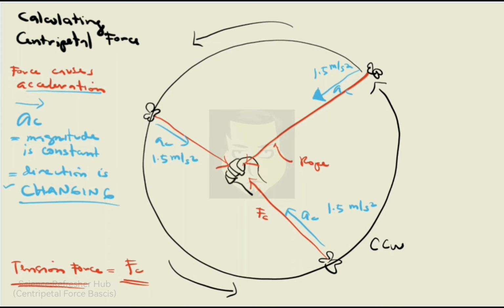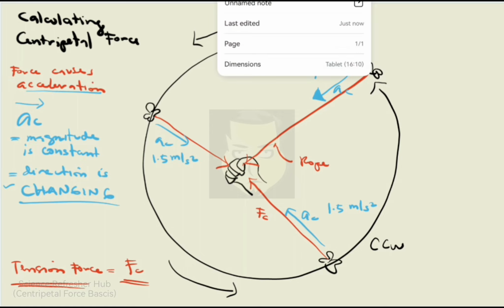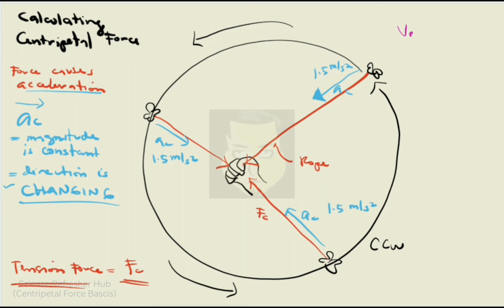What about the other variable, since we are dealing with acceleration? Another variable is called velocity, meter per second, and it's a vector. So where are we going to draw the direction of velocity? Since it's moving counterclockwise, let's say this object here is our reference.